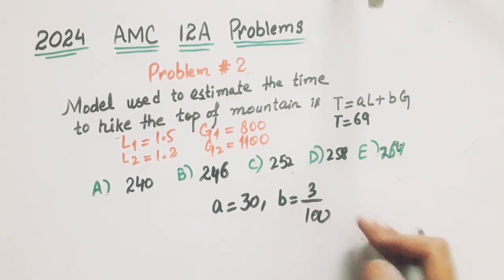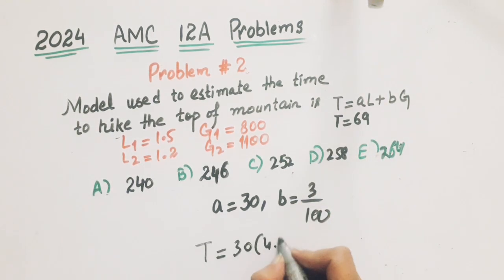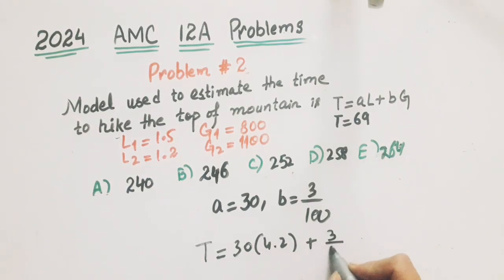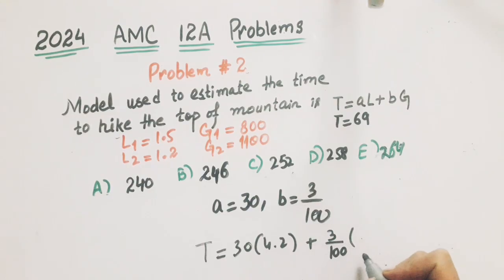Now using the given length, that is 4.2, we will substitute the values in this equation. T equals A, which is 30, into 4.2 plus B, which is 3 by 100, into G, which is given. He said to find it at 4000.